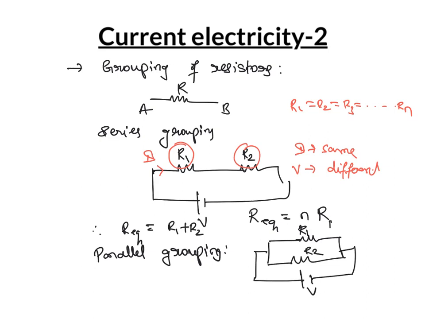The current flowing through them must be different. This is I1 and this is I2, and this is the main current I. We know that I equals I1 plus I2 by using Kirchhoff's current rule, and the potential is the same, the applied potential V, dropped across R1 as well as R2.